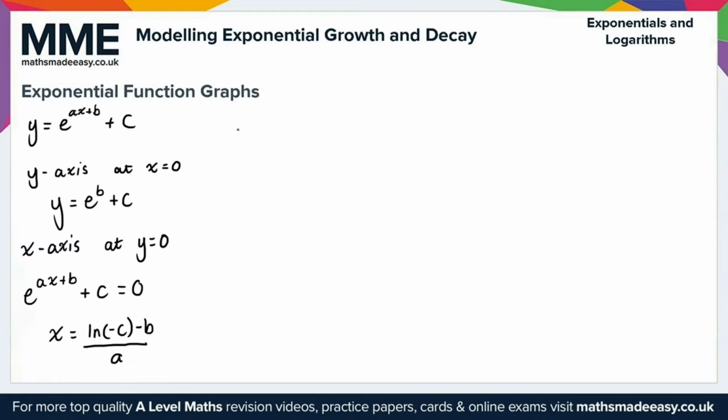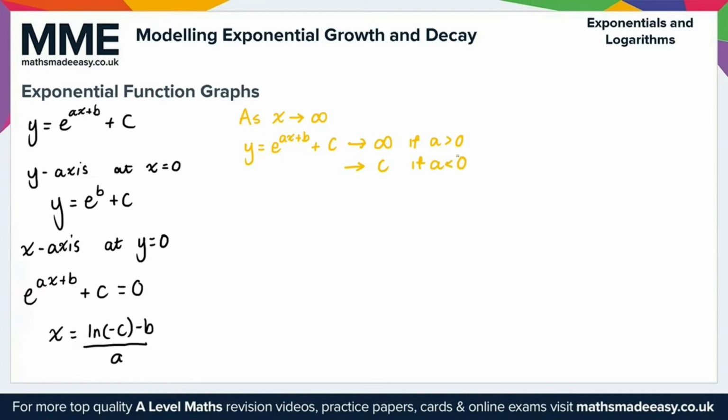As x tends to positive infinity, y equals e to the ax plus b plus c will tend to infinity if a is greater than 0. However, it will tend to c if a is less than 0.